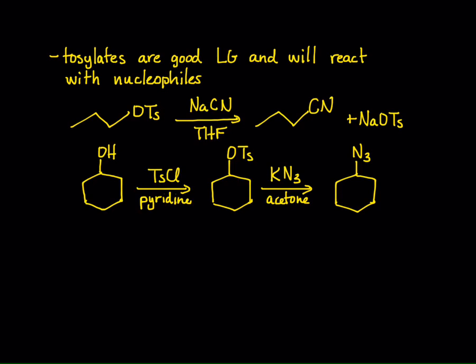Now, the cool thing about sulfonating alcohols: we've seen prior the stereochemistry of converting an alcohol to an alkyl chloride or an alkyl bromide. You lose stereochemistry. But when you sulfonate an alcohol, you retain stereochemistry. And the reason for this is because we're never breaking the carbon-oxygen bond.